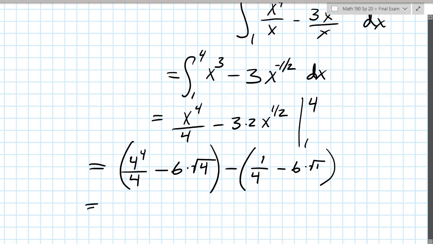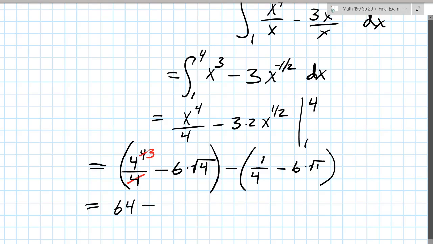And then from here, I would probably start typing things in my calculator. 4 to the fourth divided by 4 is 4 to the third. 4 to the third, what is that, 64? Maybe? I'm guessing.